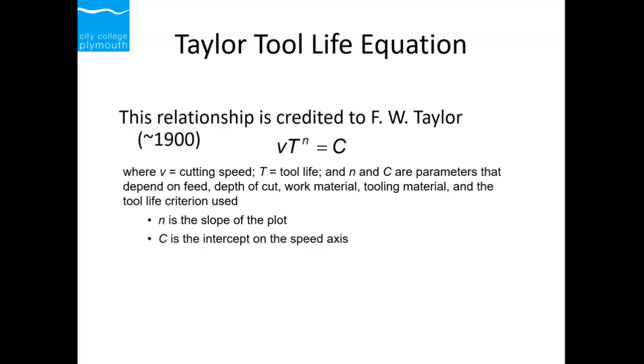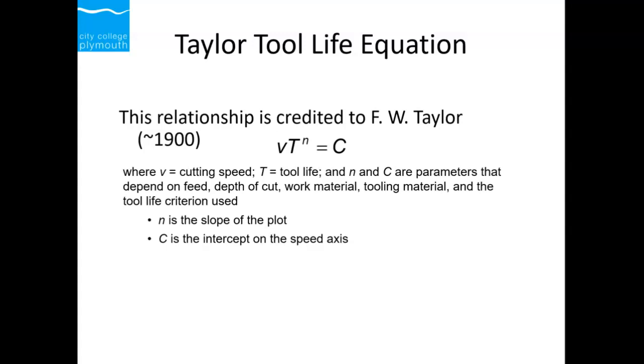Okay. Now, the Taylor tool life equation, from around 1900, is V T to the power N equals C. V is the speed, the cutting speed. T is the life of the tool. N and C are parameters. They depend on the feed, depth of cut, work material, and tooling material.